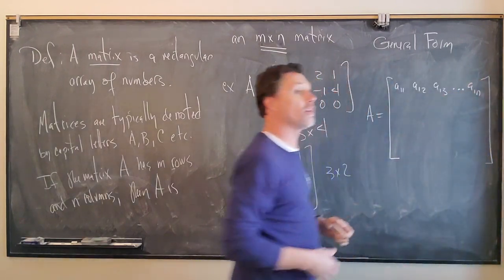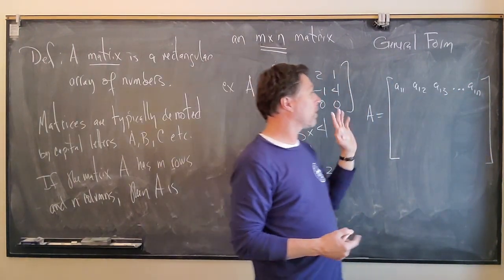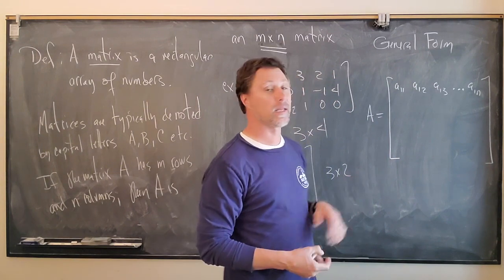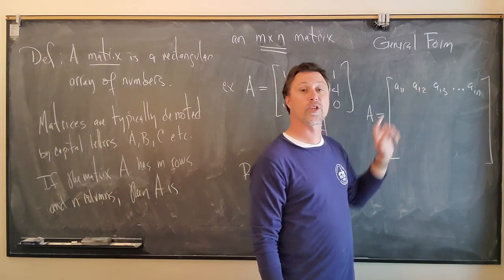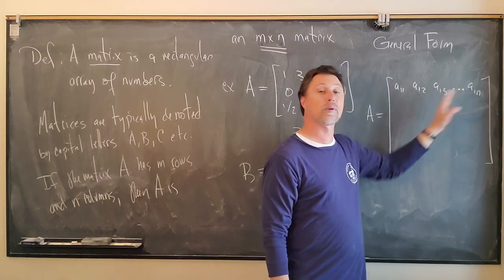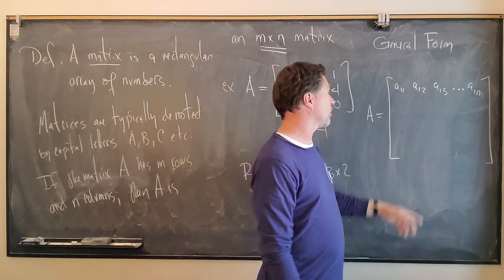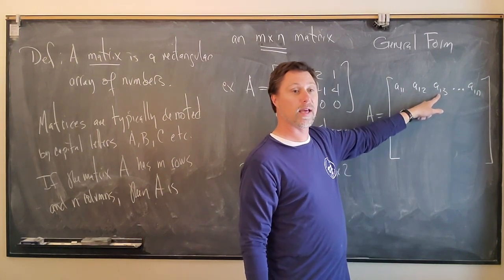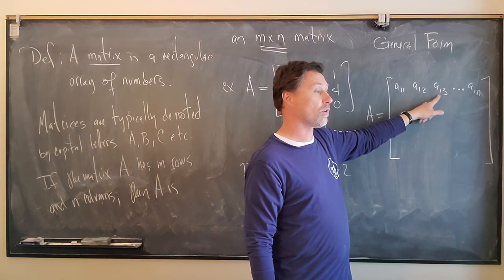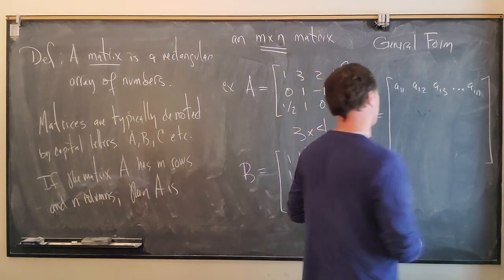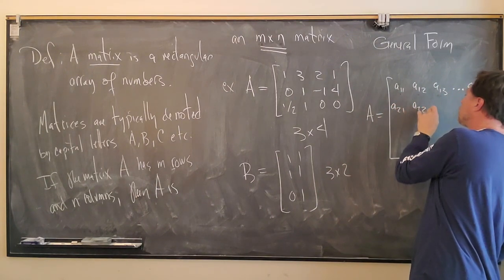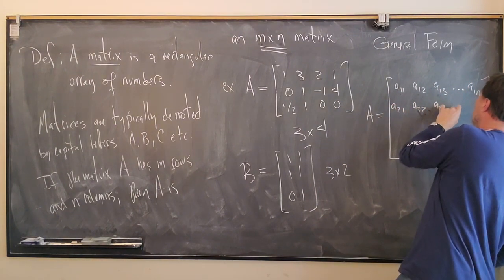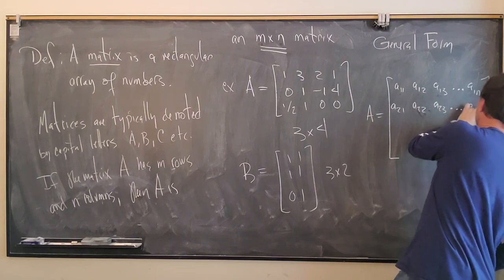These are the entries in the first row, and remember, this is the same that we talked about before when we double subscript. Now, the first number is going to tell you which row it's in, and the second number is going to tell you which column it's in. So, for example, A13, that's the entry in the first row and the third column. So then the next row would look like this: A21, A22, A23, dot, dot, dot. Eventually, you get to A2n.